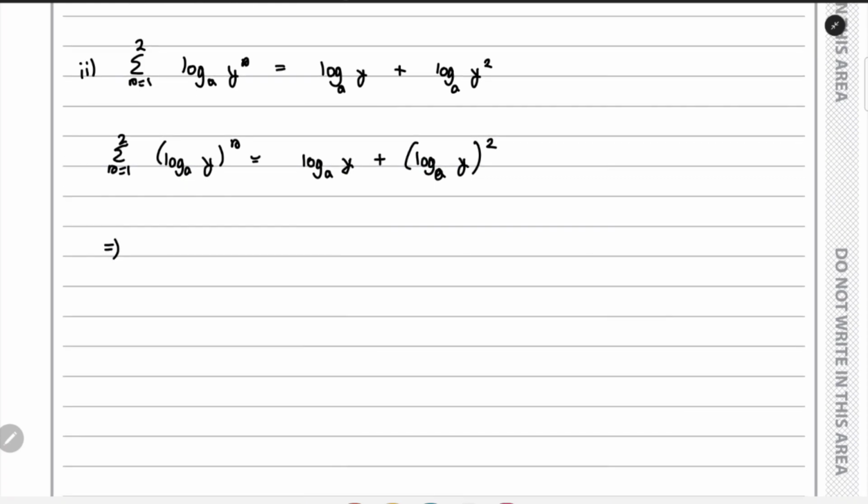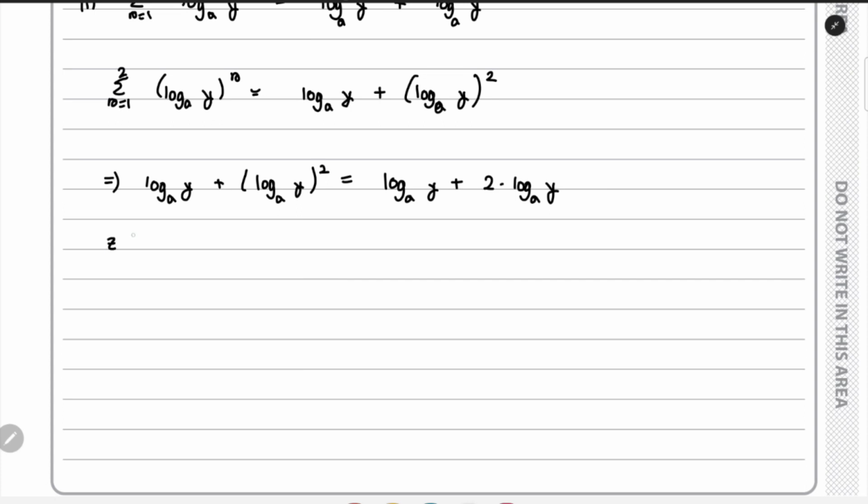We know both of them are equal to each other, so we can write down log y base a plus log y base a whole square is equal to log y base a plus 2 times log y base a.